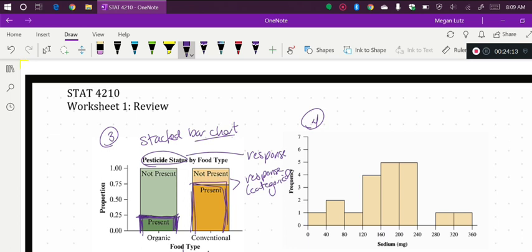For plot 4, what kind of plot is it? What is or are the explanatory and response variables? Describe the distribution, and what kind of variables are they? This is a histogram. The response variable is the amount of sodium.